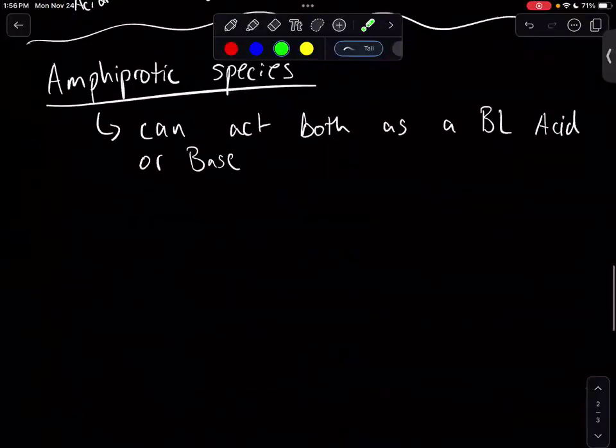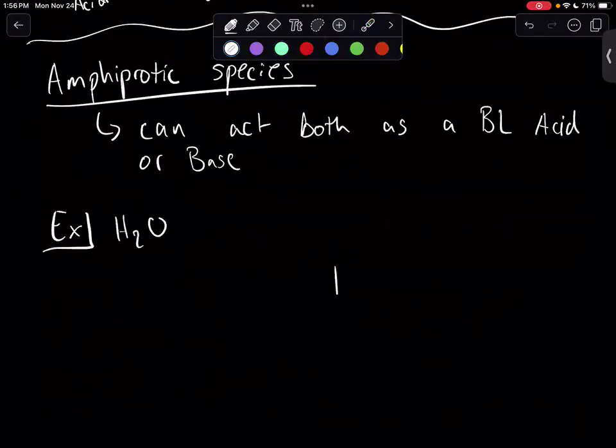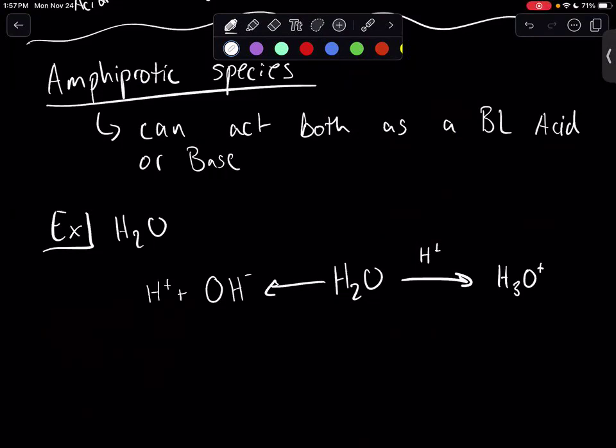Water is a great example of this. Because water as H2O can either add an H plus and become hydronium, and therefore it is receiving the hydrogen, or it can remove an H and become hydroxide, donating the hydrogen. And so water can go either path. It can become the hydroxide ion, or it can become the hydronium ion.